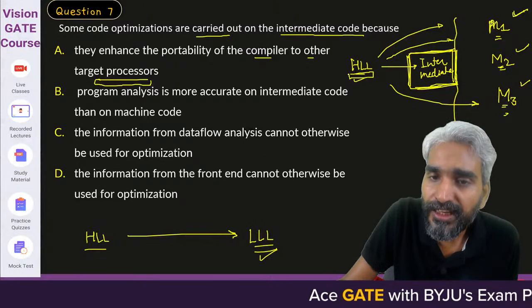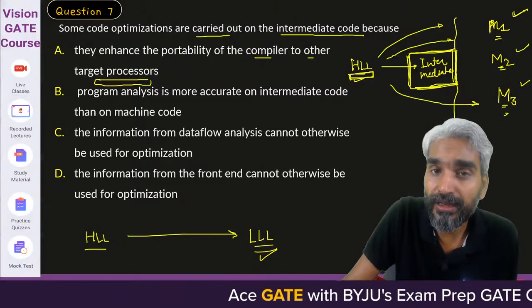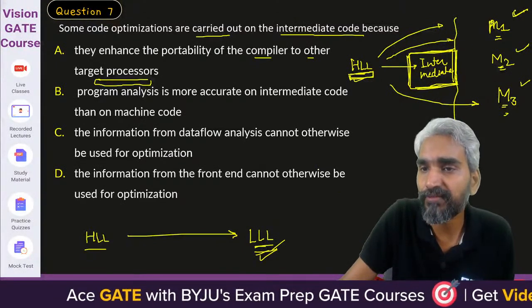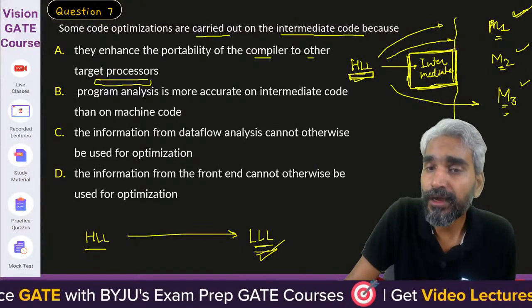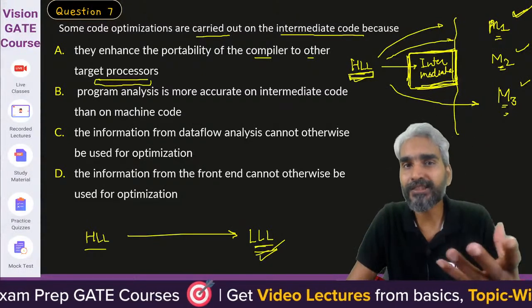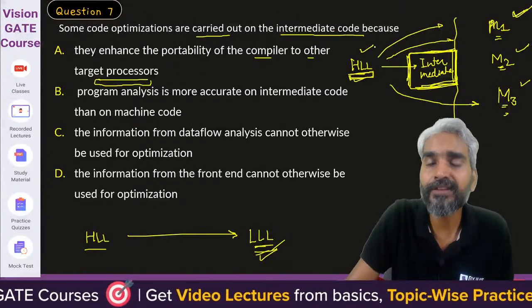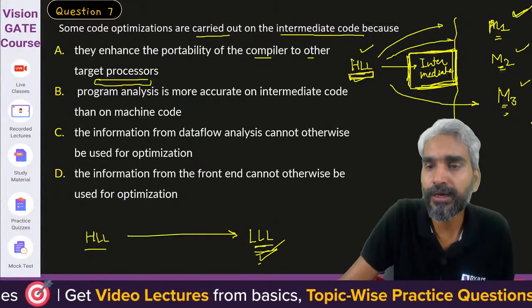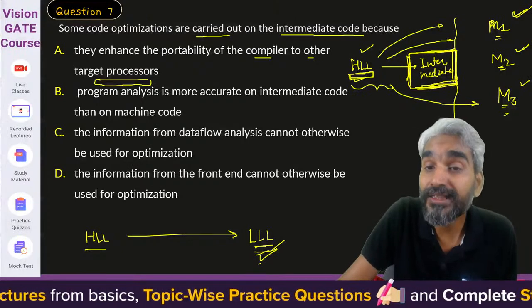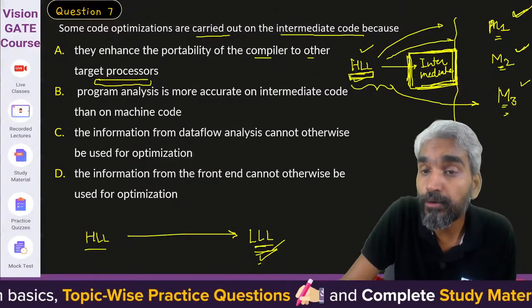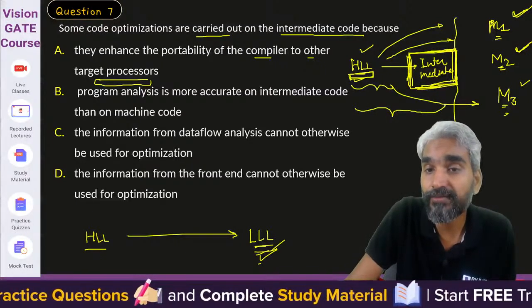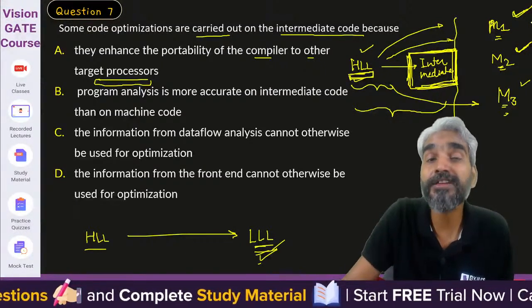So if you have converted this high level language into low level language with respect to machine M1, and in between you have defined this intermediate code, and somebody asks you to convert this program with respect to machine M2, then you will not have to start from the beginning. You can simply convert this intermediate code with respect to machine M2. Means the translation from high level language to intermediate code will be machine independent.